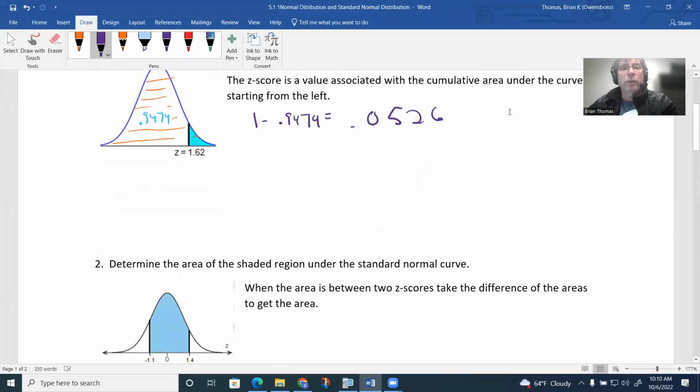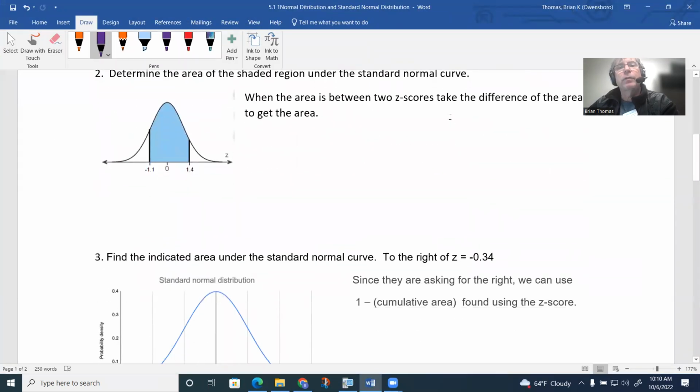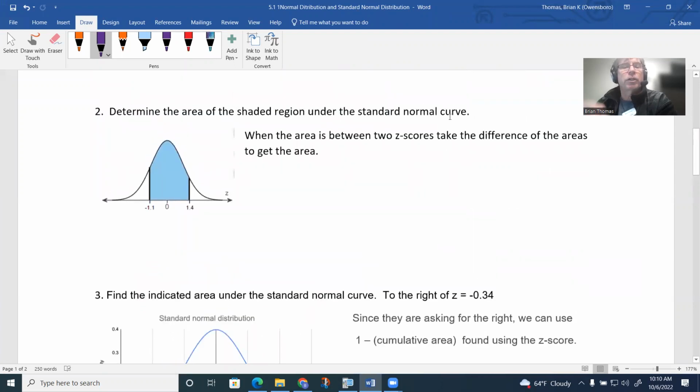My next example is to determine the area between two z-scores. If the area is between two z-scores, we find the difference of those two. Remember, the area of the first one, the negative 1.1 z-score, represents the area from here to here.